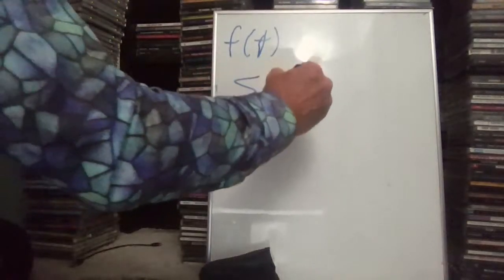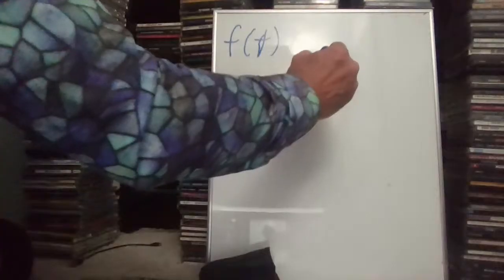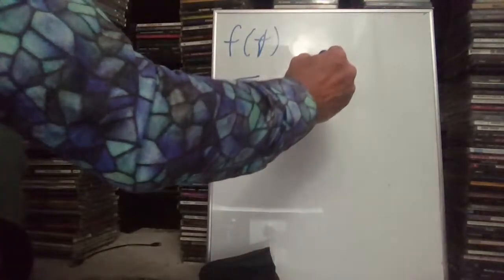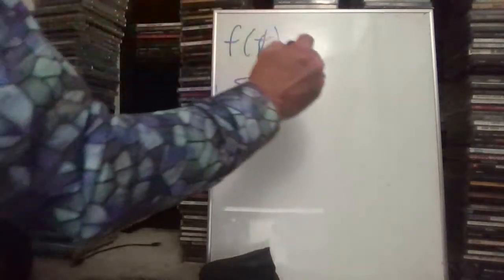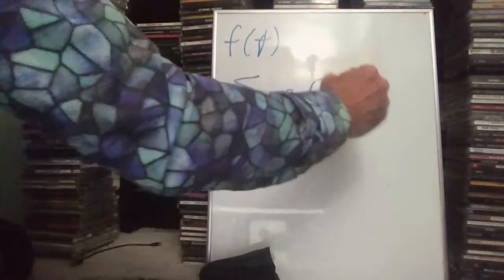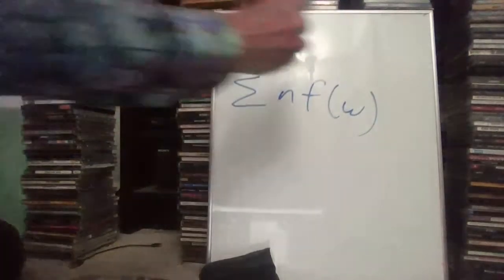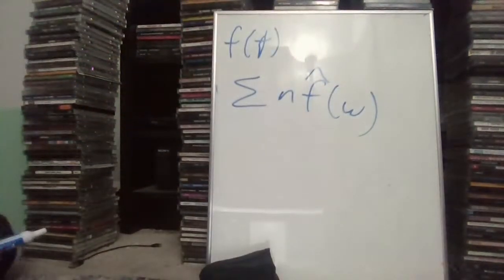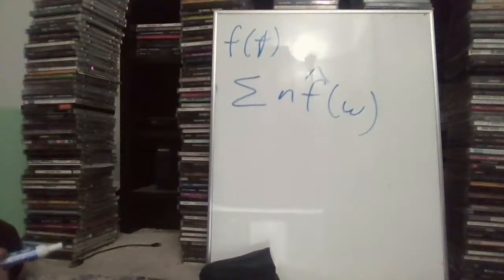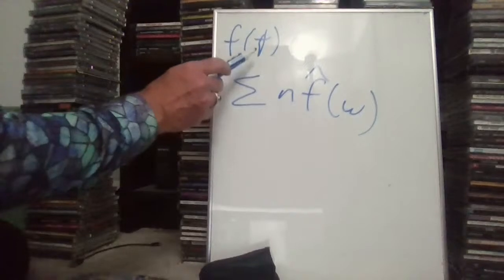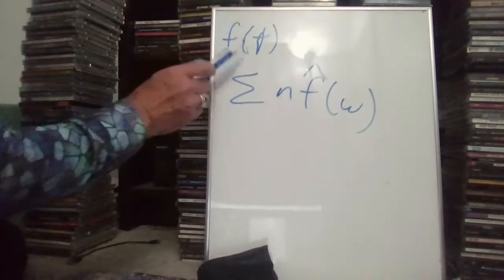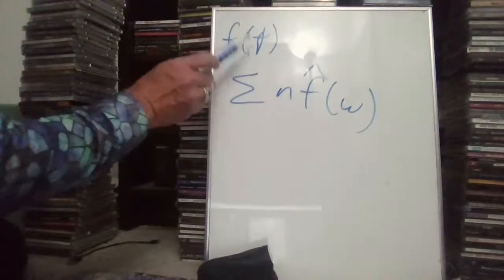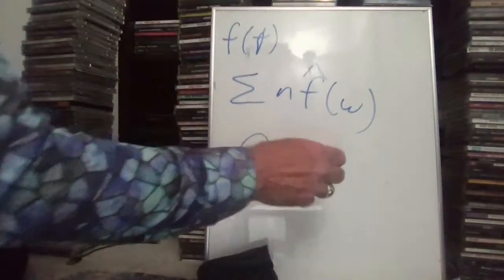I'm going to call it f of omega, but maybe make a different funny thing on top of it. For the fundamental frequency and any multiple of it, there's a component of sine waves and cosine waves that corresponds to that.